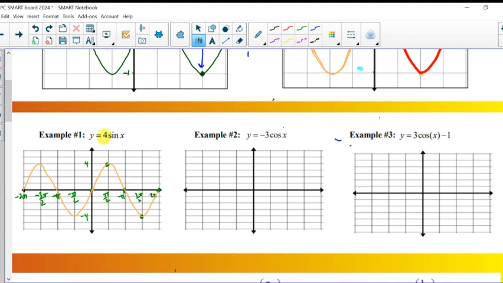Also, if you notice, we've got a coefficient of not just a 3, but a negative 3. So if you remember back from first semester, we're going to have a reflection over the x-axis. So instead of drawing cosine starting at 3 because of the amplitude, which would have been the cosine without the negative, we're going to reflect that image over the x-axis.